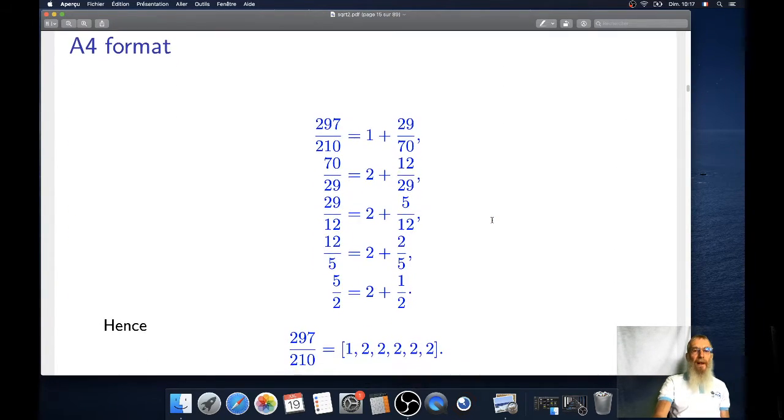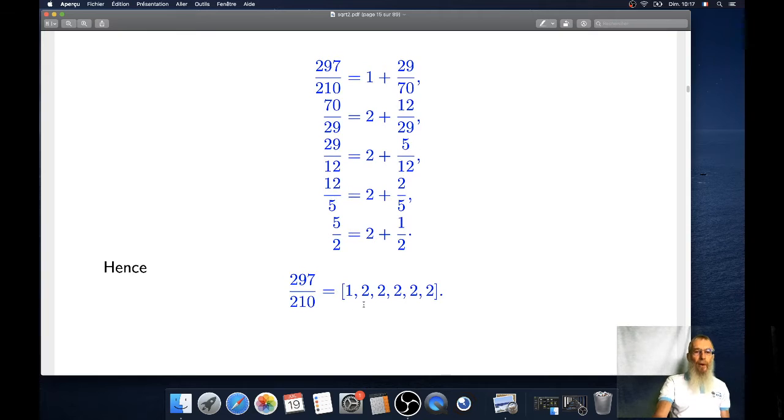So for the A4 format, we have seen that we remove 1 square, 2 squares, 2 squares, 2 squares, and 2 squares. So this ratio is 1, 2, 2, 2, 2, 2, and it's a finite continued fraction. And you will get a finite continued fraction if and only if you start with a rational number. So this is a so-called criterion of irrationality.